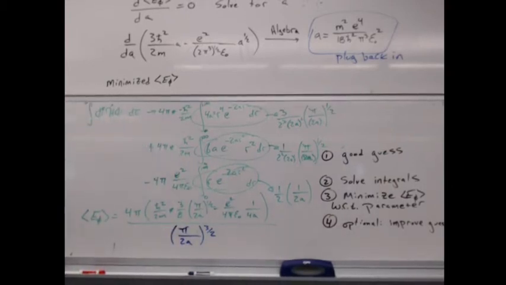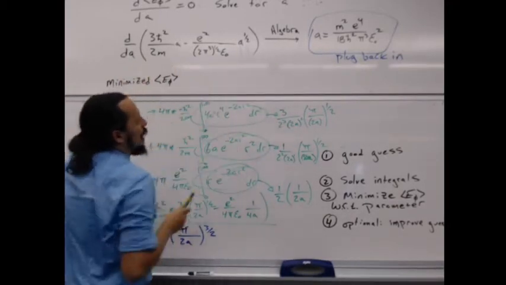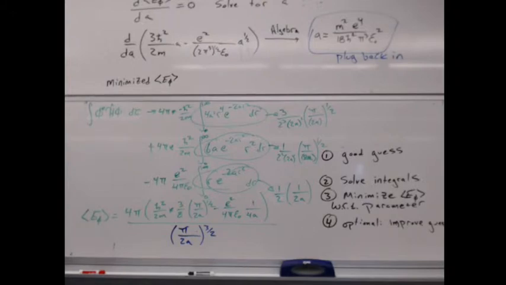So I took the derivative to find my minimized energy. Now I'm just going to plug this a term back into my energy expression and see what I get. This will be a minimized energy with only one guessed parameter. There's only one parameter that can vary.